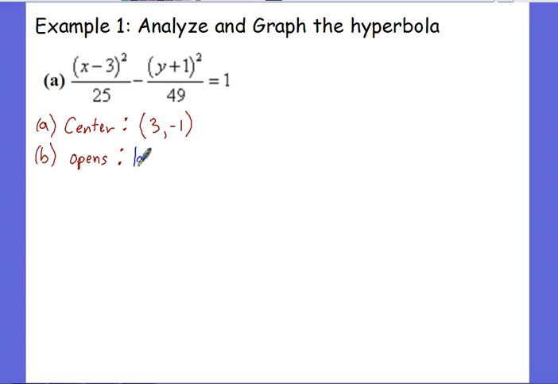So, I know my center, and I know that it opens left and right. Good? Okay. Here's the tricky part. Let's talk about my vertices. How do I find my vertices?